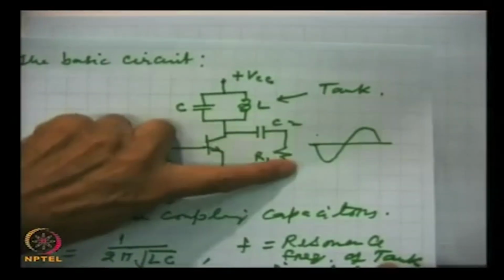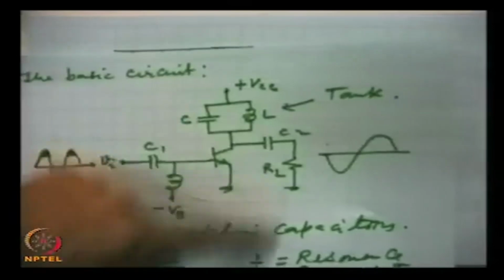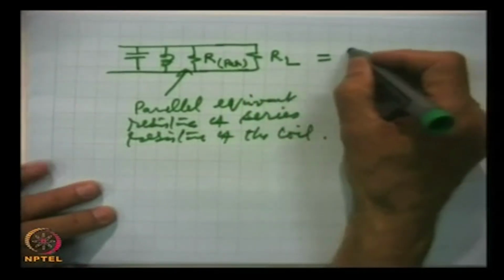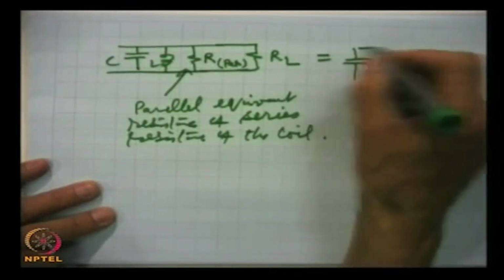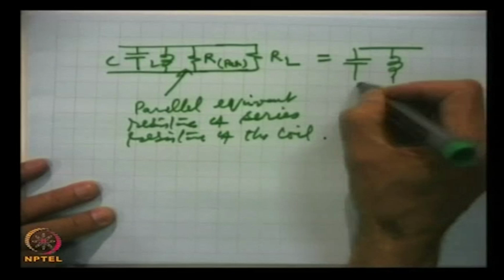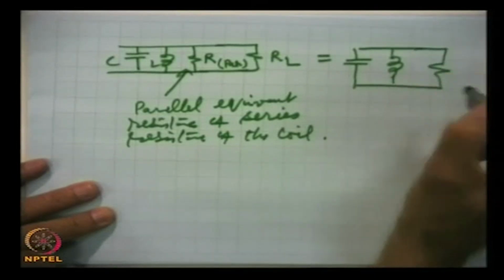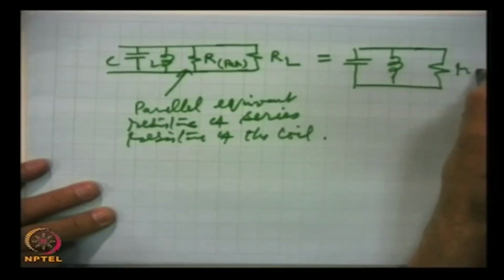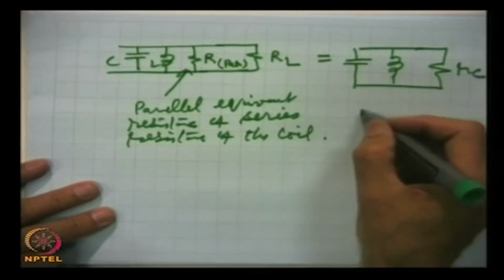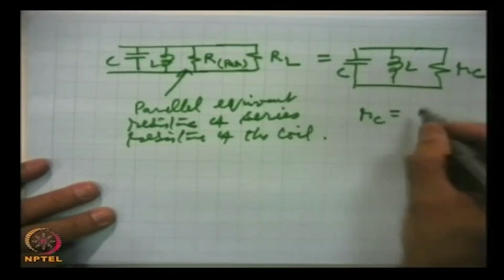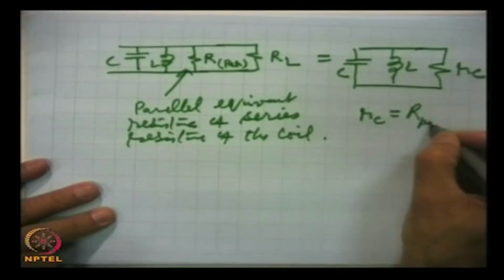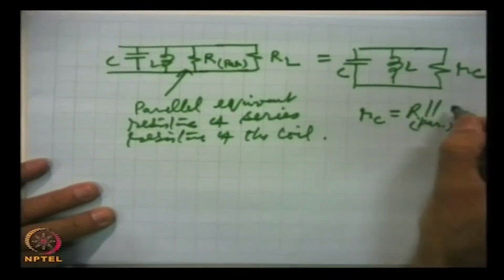So when this is shorted, everything will come in parallel, and this is what has been shown. And here we can replace it by this, where this is the effective load RC, this is L, this is C. This RC is actually R parallel in parallel with RL.